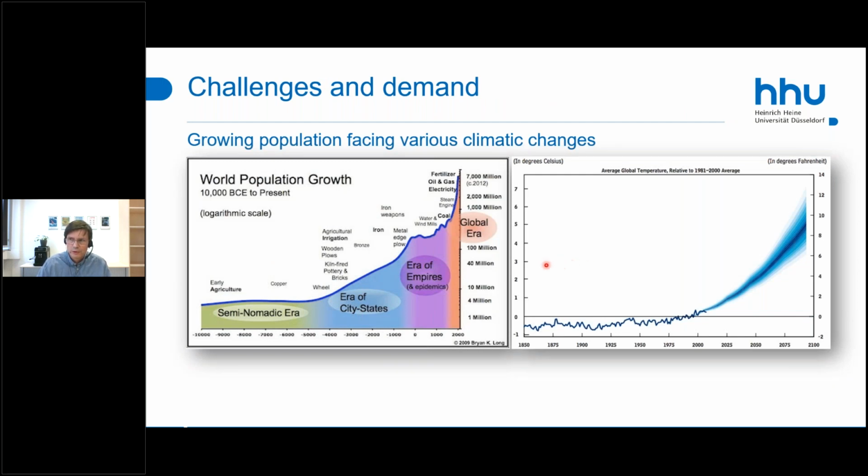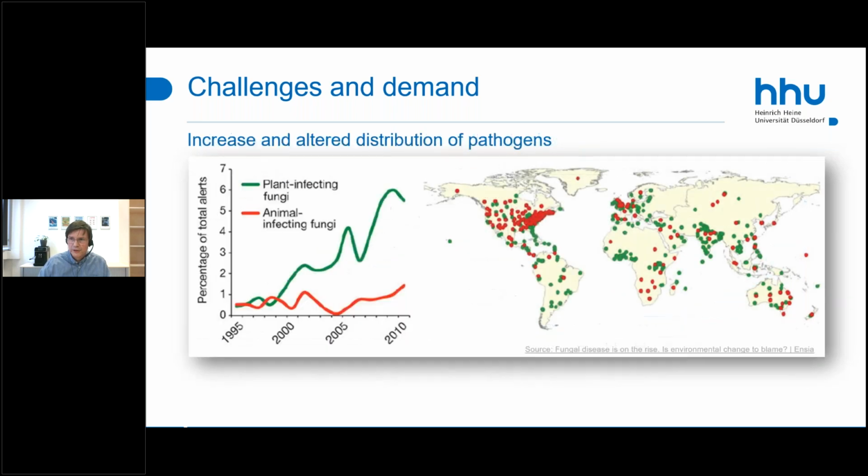I'm sure you are all aware that, on one hand, we have an exponentially growing world population, and this of course is accompanied by a demand for producing more food. But at the same time, we also observe a severe change in climate, accompanied by the fact that, for example, fungal diseases are spreading and increasing.